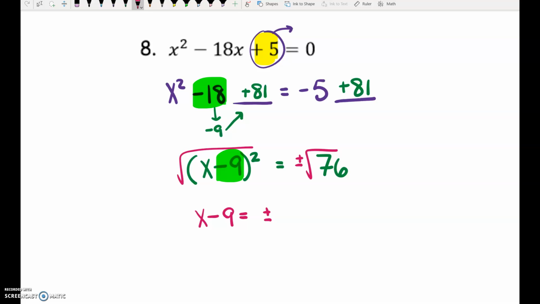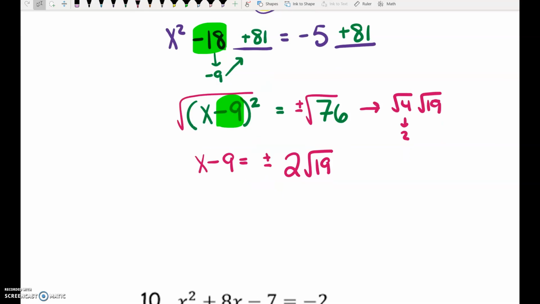Try 16. Nope. 9, I don't think is going to work. 4, yay, 4 works. This is the square root of 4 times the square root of 19. So it's 2 times the square root of 19.